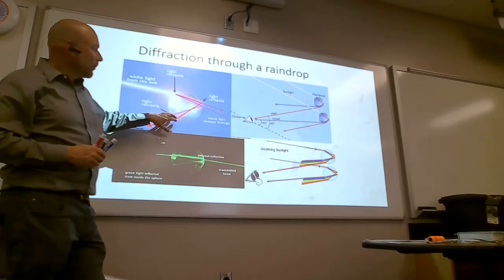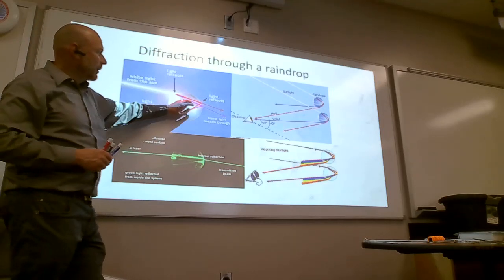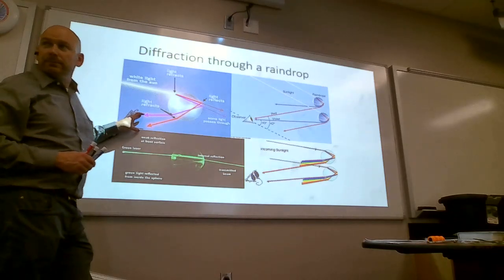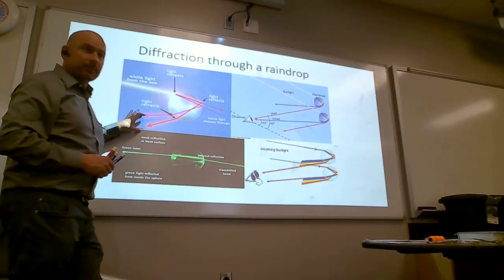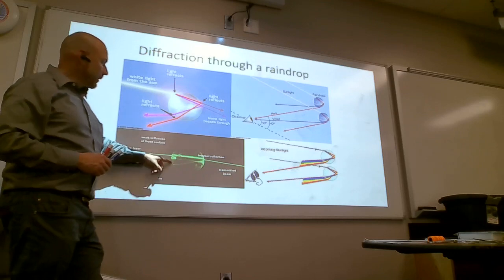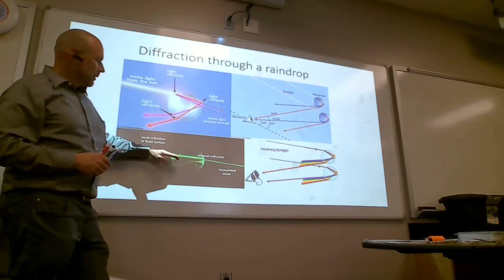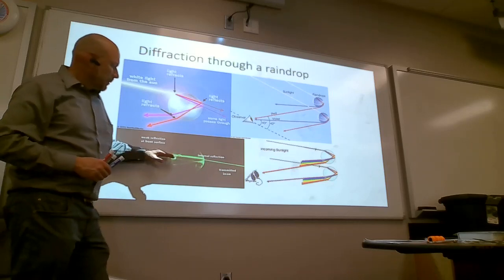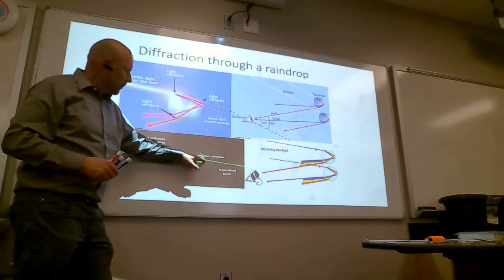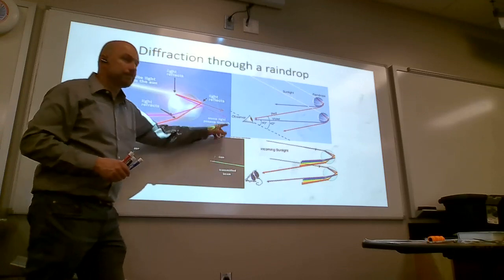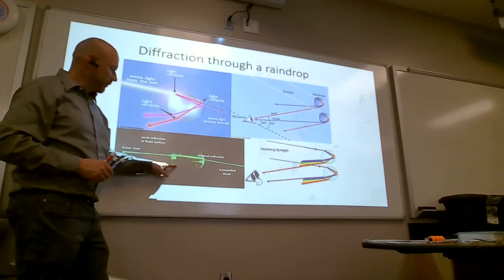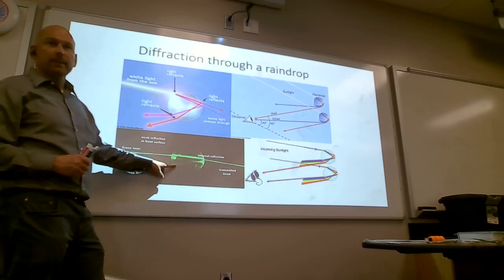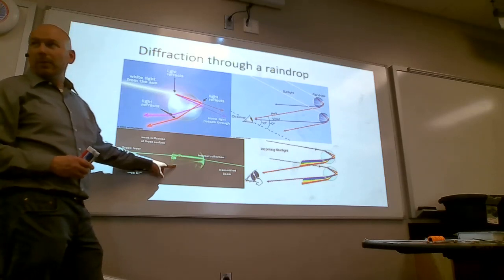And then when it refracts again, this is enough to cause dispersion. It separates out. If you look at this laser going through a water droplet, most of it gets out, but some of it's reflected back. This is the portion of light that's due to a rainbow.